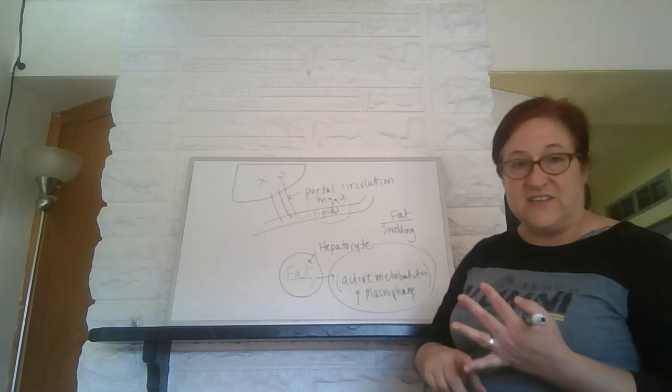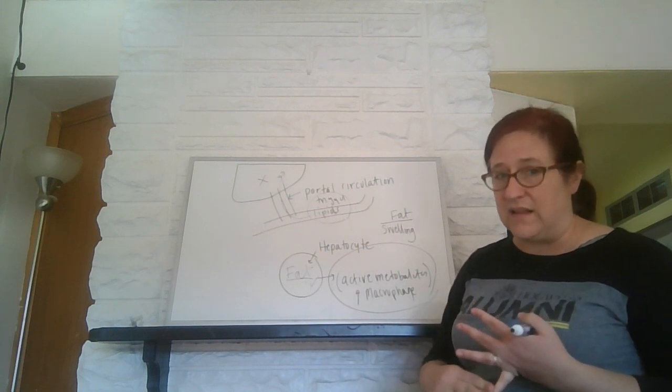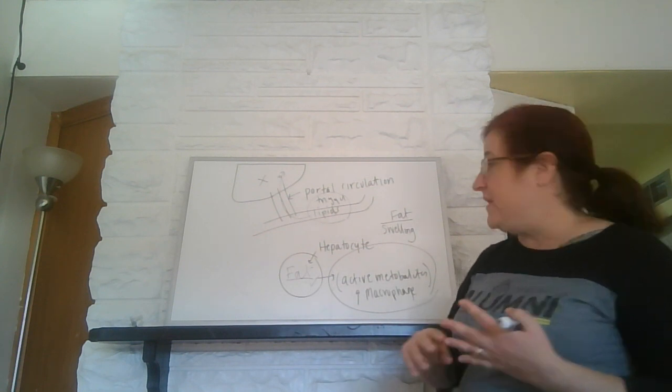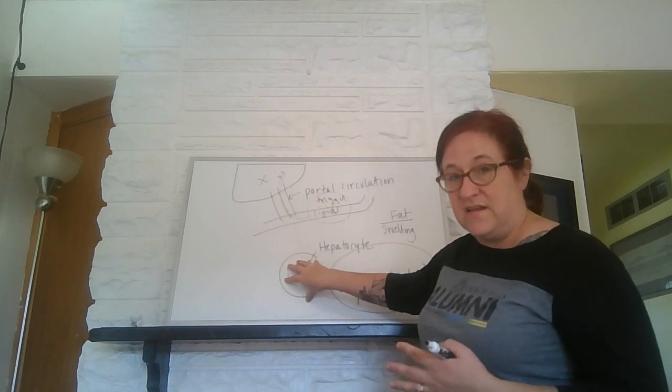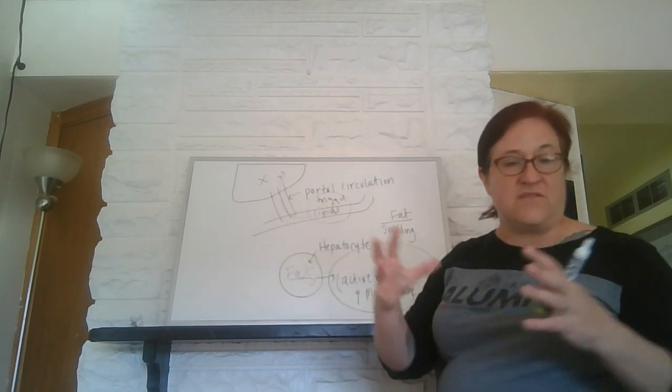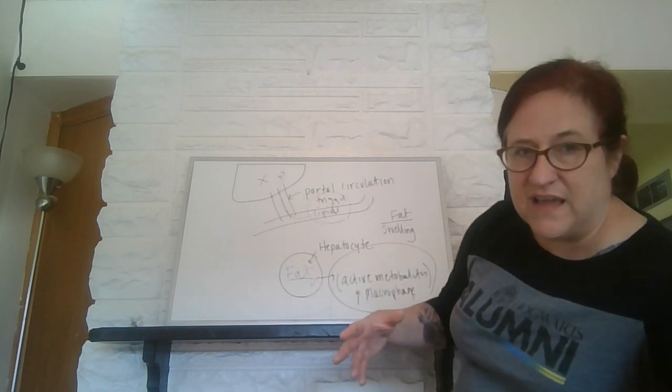So the first thing I talked about was non-alcoholic fatty liver disease, meaning I have increased fat accumulation in my liver cells, therefore have caused some hepatomegaly and some stretching of the capsule.